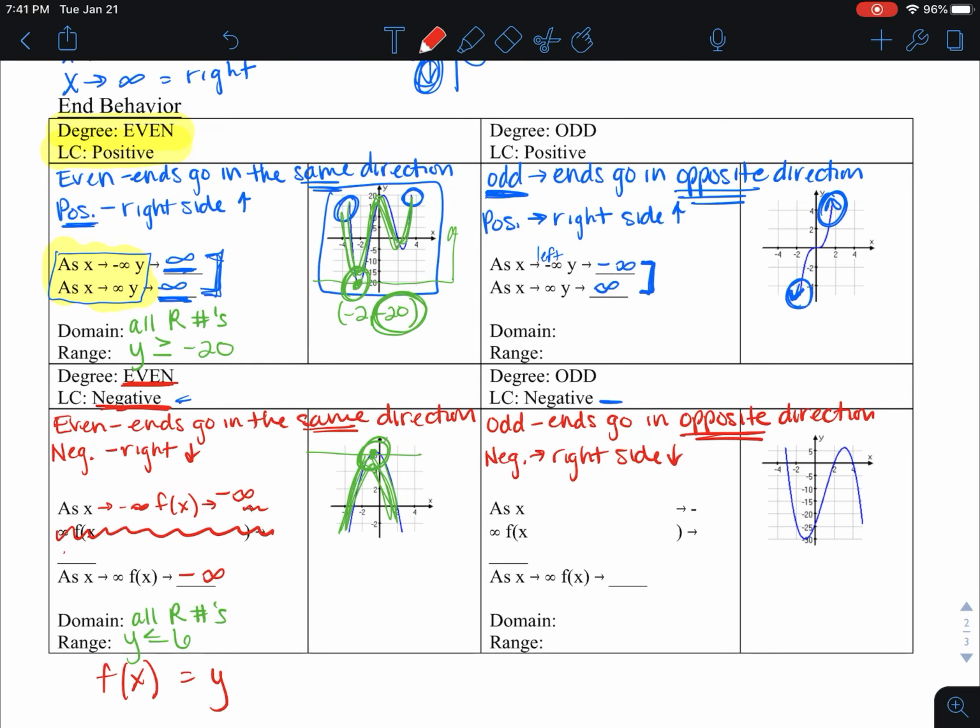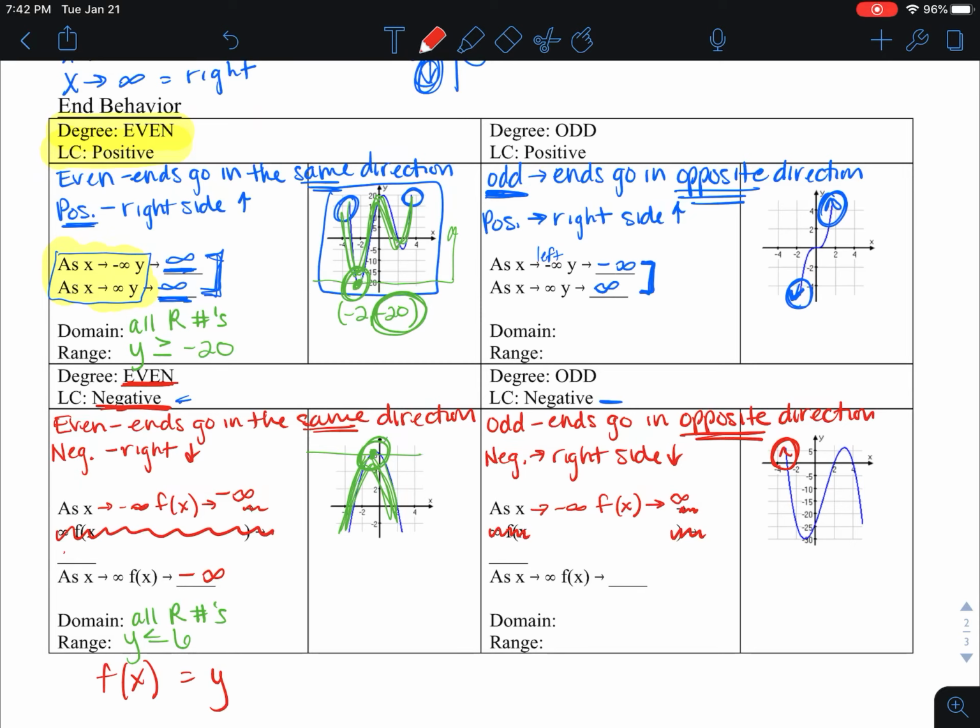Okay. All right. So again, I apologize for the mess up on here, but your paper should be fine. As x goes to -infinity, f of x is going where? So -infinity is the left-hand side. I can see that this is going up. So this is going to positive infinity.